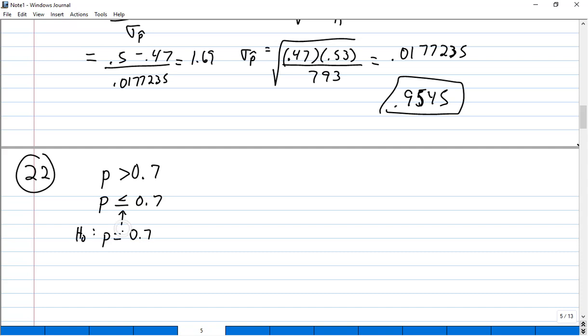The other one, the alternate hypothesis, is P greater than 0.7. So the one with equality, you change to equals, that's the null. The other one, whatever's left over, that's the alternate.